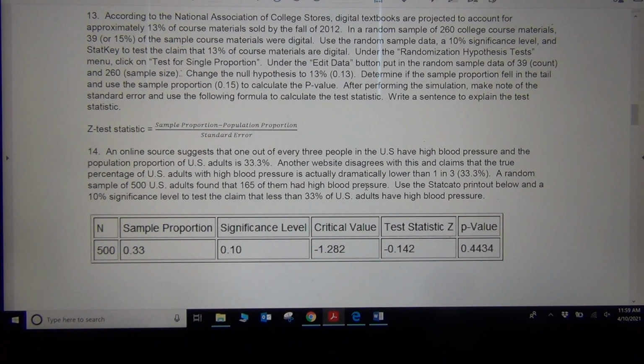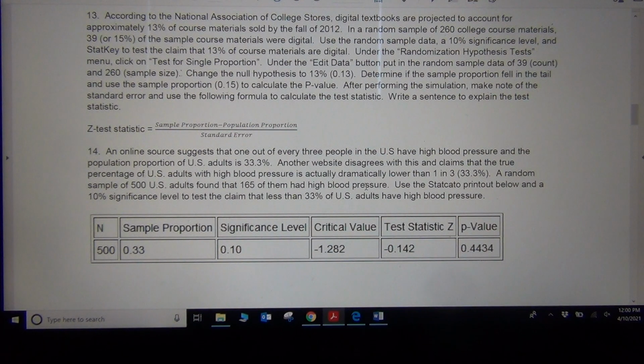In a random sample of 260 college course materials, 39 of them, which is about 15%, 39 divided by 260, of the sample course materials were digital. Use the random sample data at 10% significance level and StatKey to test the claim that 13% of course materials are digital. Okay, so it gives us a little information about what to click on when we go to StatKey and how to put in the data, how to get the p-value.